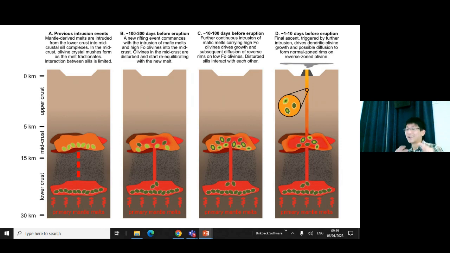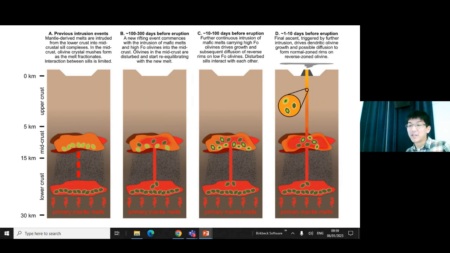So what we have is the growth of high magnesium olivine rims around the olivines that are already present in the mid-crust. So that's their way of expressing this disequilibrium. And then the high magnesium olivines, which have been derived from the lower parts, express this by developing normal rims to equilibrate with this newly mixed, hybridized melt. After sitting around for a few hundred days, we have the development of these diffusional profiles that we can observe compositionally.